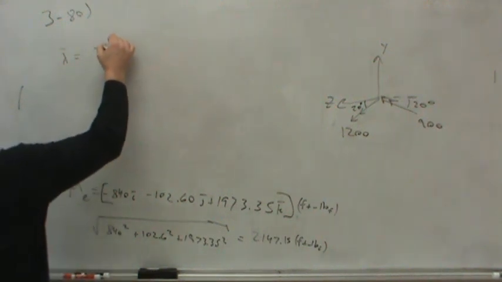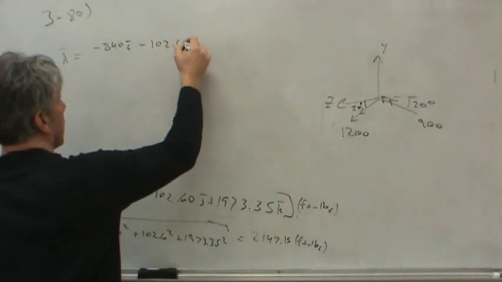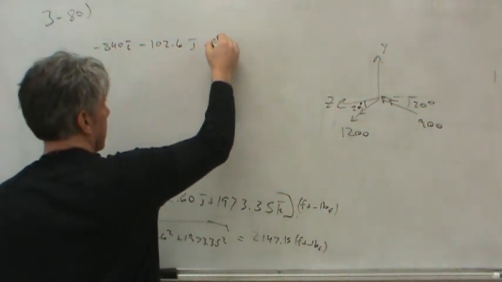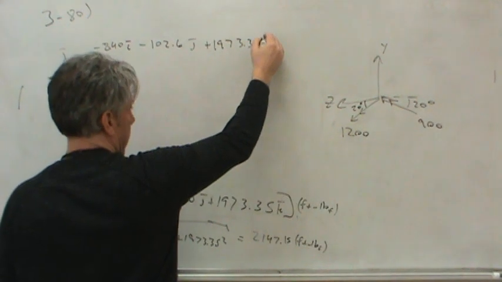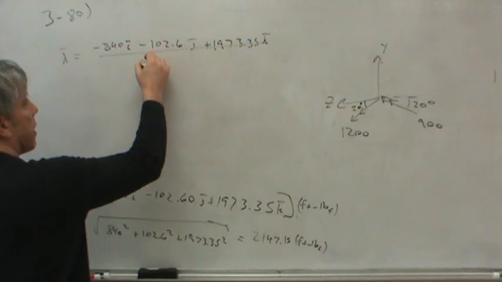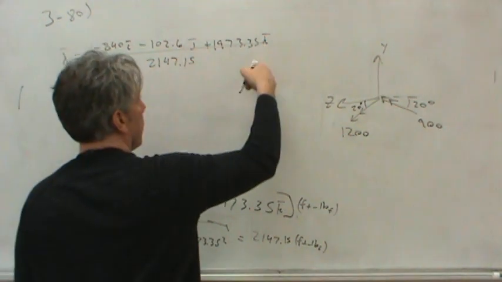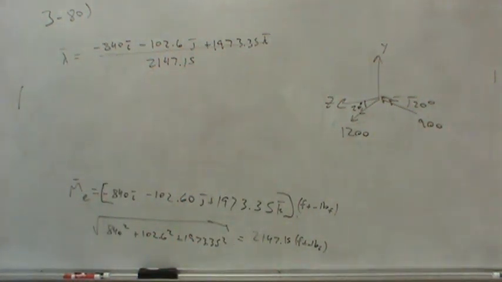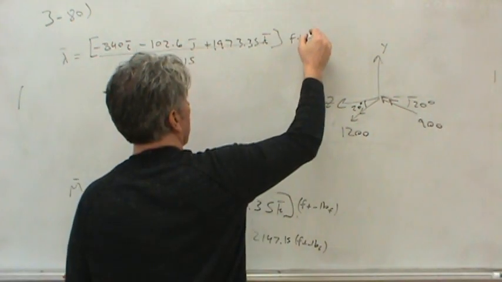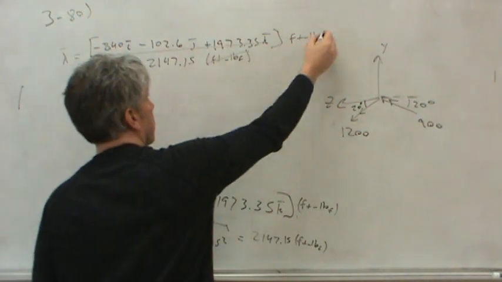So we'll take negative 840I minus 102.6J plus 1973.35K and divide it by the magnitude, 2147.15. Both numerator and denominator are foot-pounds, so they just cancel out. This vector has units of foot-pounds, and the magnitude has units of foot-pounds. So all that I just wrote just goes away.